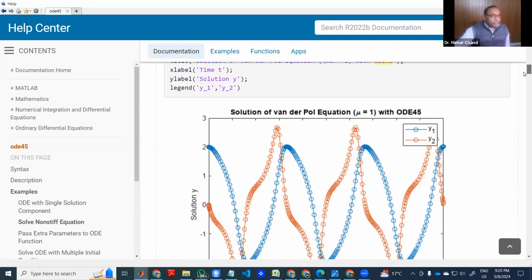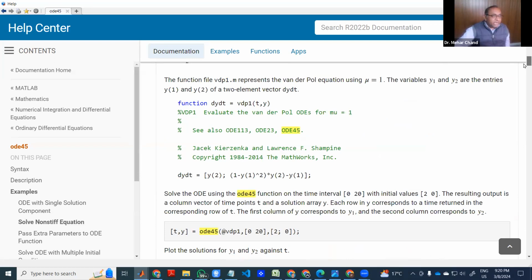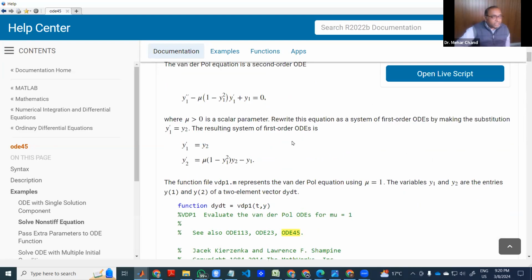Several examples are there that you can use for different types of problems. And here you can see this is a boundary value problem, I think. Yes, here you have this equation and two conditions are given. So you can reduce this equation into first order.